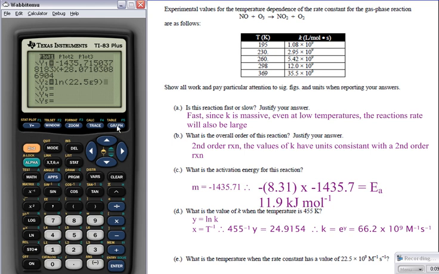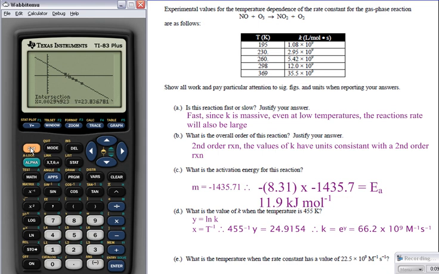We say graph, and we're going to be given an intersect. Second calc, 5 to do the intersect. This is our first line, this is our second line. Guess. And it says that the value of x at that point is 0.002, but remember, that's not our temperature value, that's the reciprocal of our temperature value.